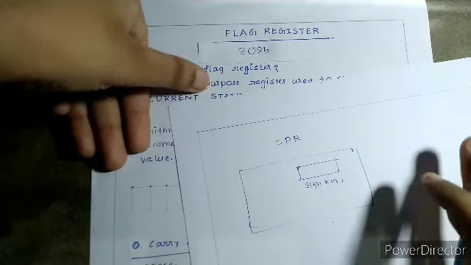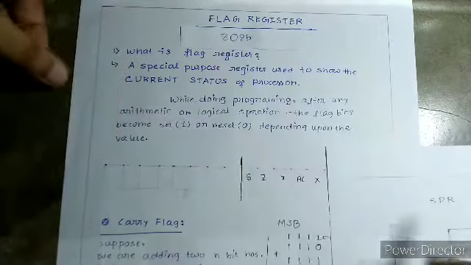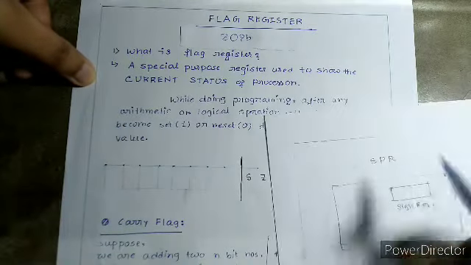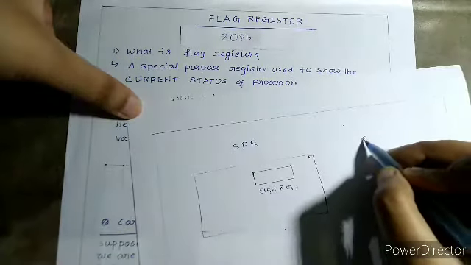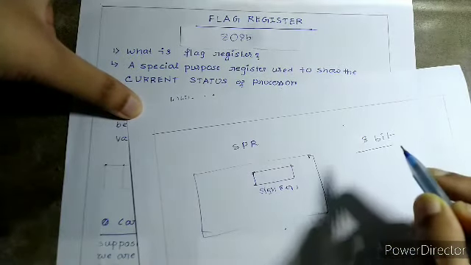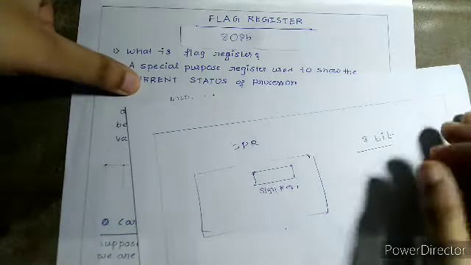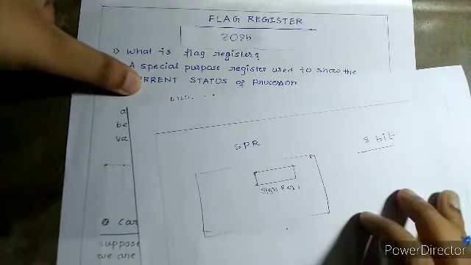So in 8085 the flag register is a special purpose register of 8 bits. This 8-bit register shows the current status of the processor.